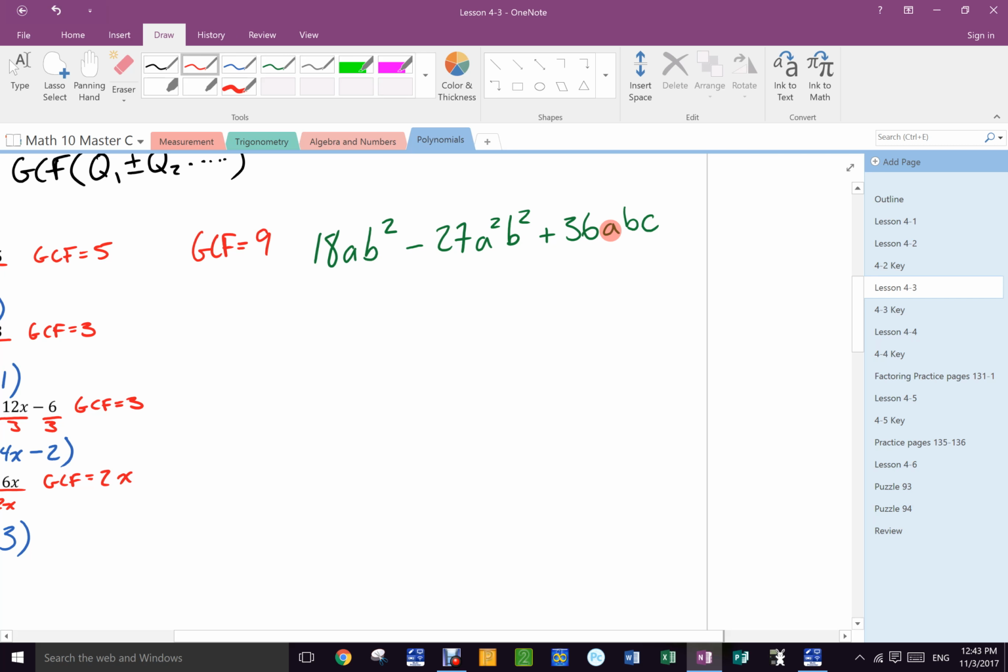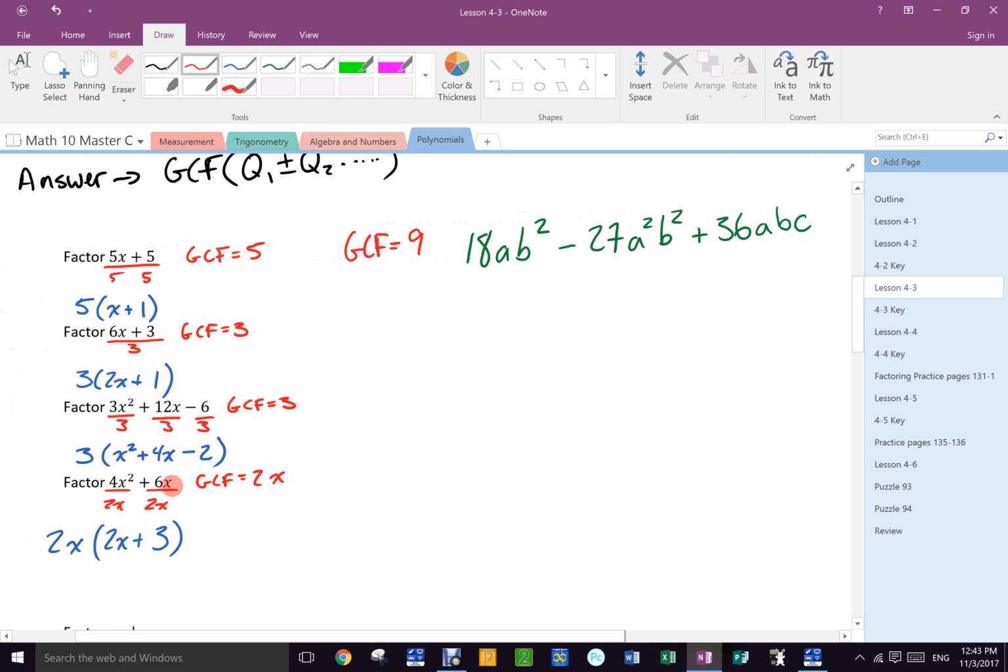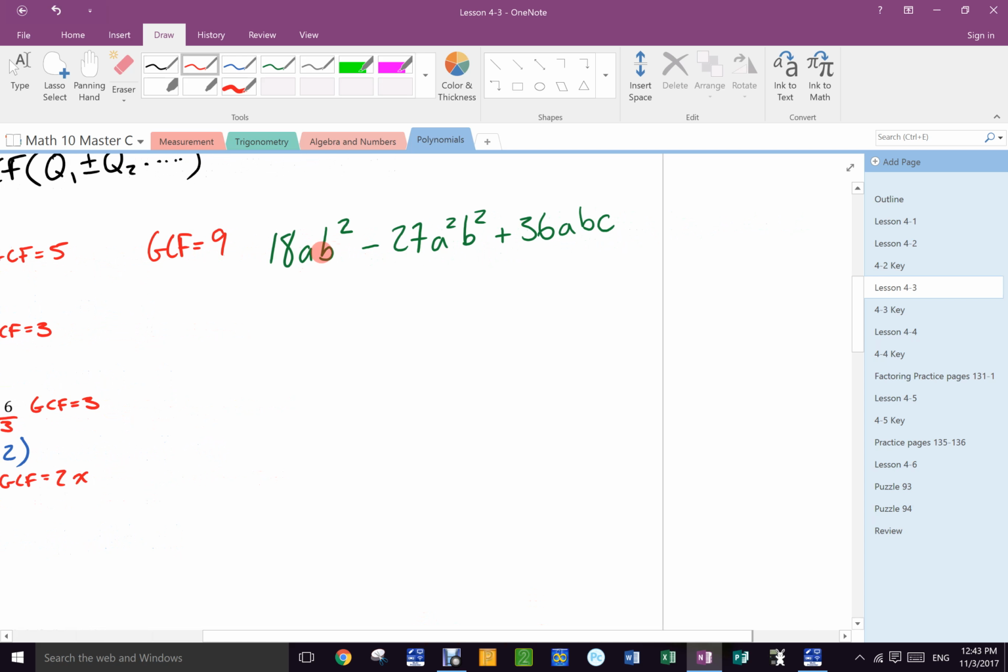That guy's got 1 A. Look at the example. 2x is 1x, so I could only use 1x. So up here, 1 A, 2 A's, 1 A. I can only get 1 A. What about B's? 1 B. What about C? None.